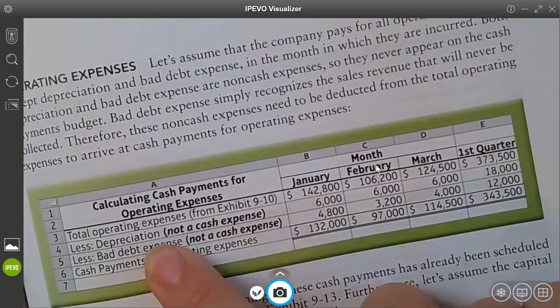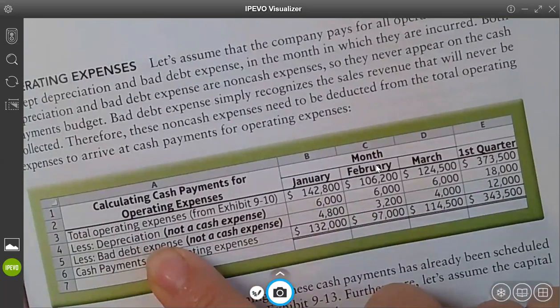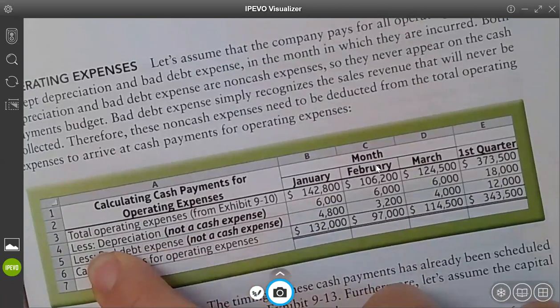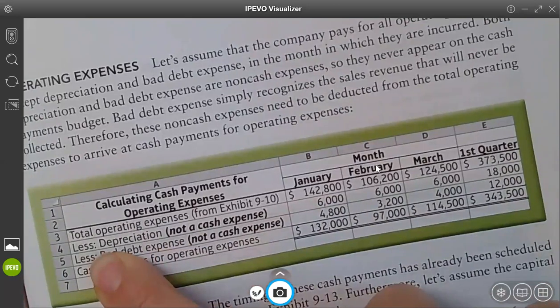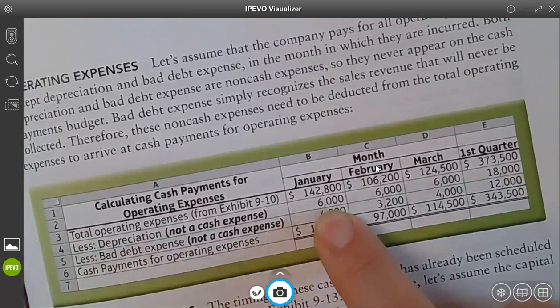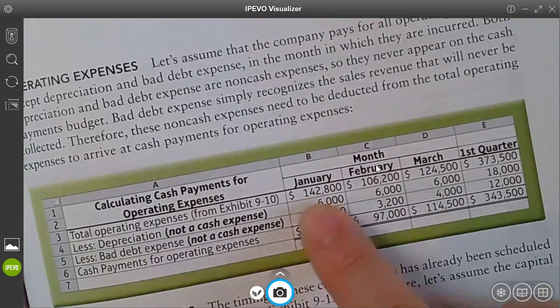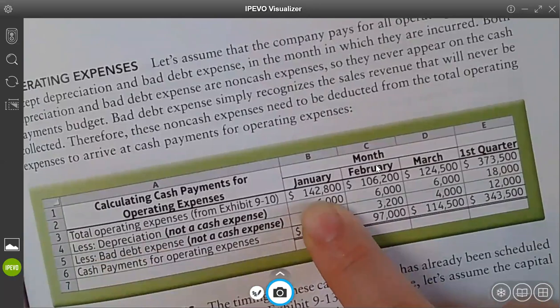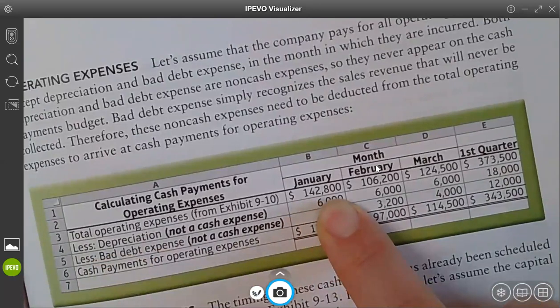But depreciation, we said, is not cash, so you do not pay cash. You have to deduct it. So your cash payment is not 142.8 thousand. You have to deduct this 6,000. Your cash is 6,000 less than 142,800.